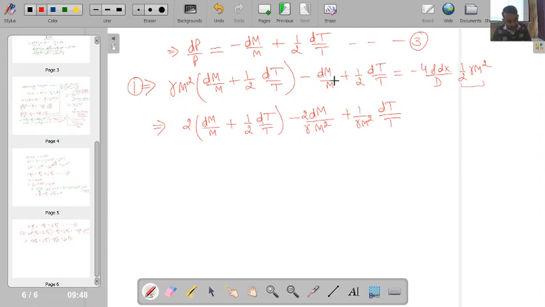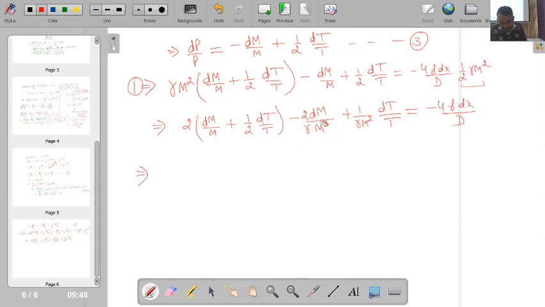Here 1 m is already there, and so this will become gamma m cube. 2 times dm by m plus half of dt by t minus 2 dm by gamma m cube plus half gamma m square dt by t, and this will be equal to minus 4f dx by d.